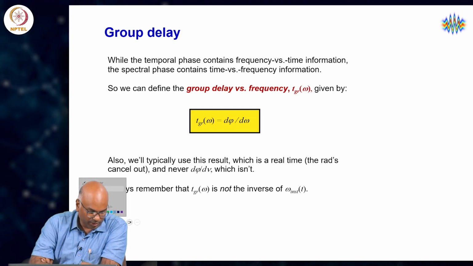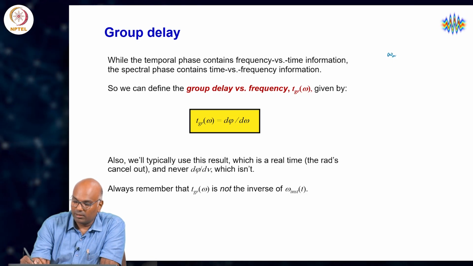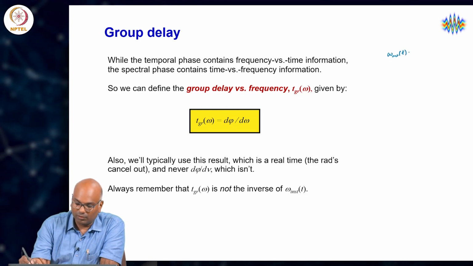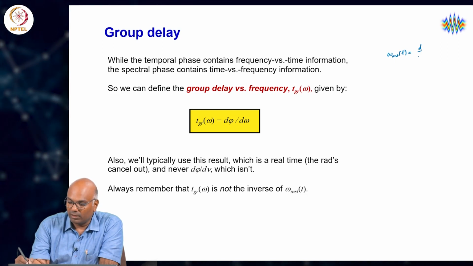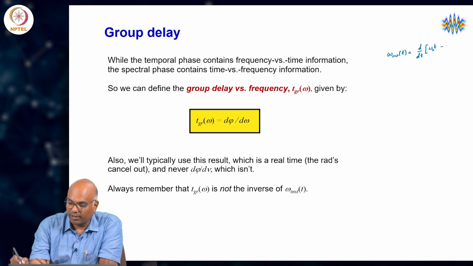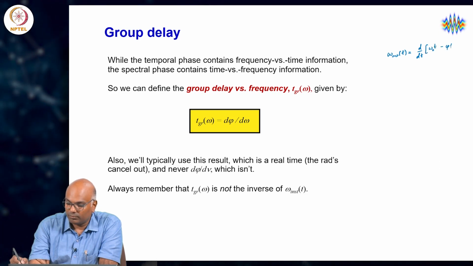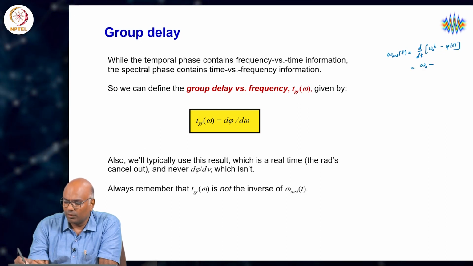And I reminded you about this, the fact that omega instantaneous as a function of time was simply the time derivative of this phase factor, which we used in our description of the pulse.